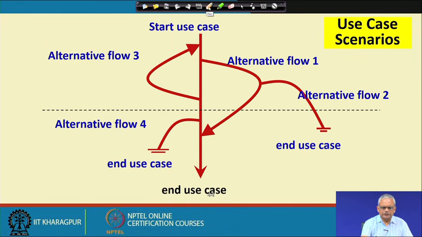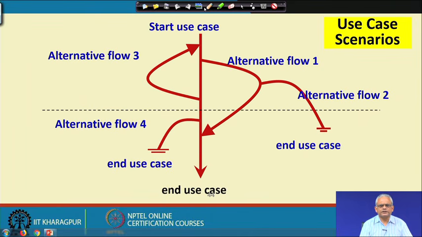Let us assume that we have a bank ATM. The user goes to the bank, inserts the ATM card, and then the system prompts for the password or the PIN code. The user enters the PIN code, the computer prompts, do you want to withdraw from savings account or current account?